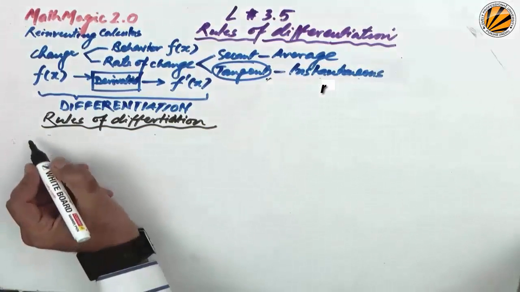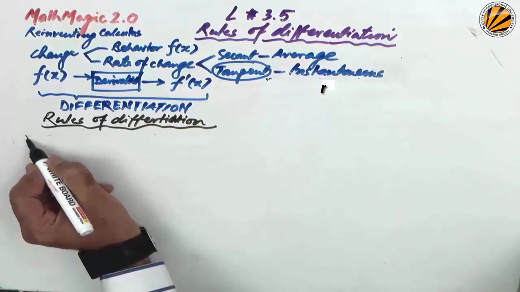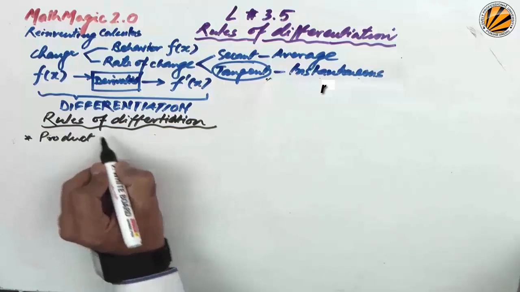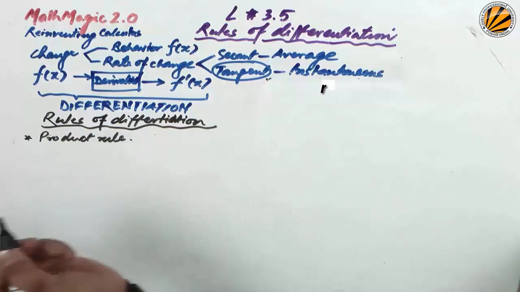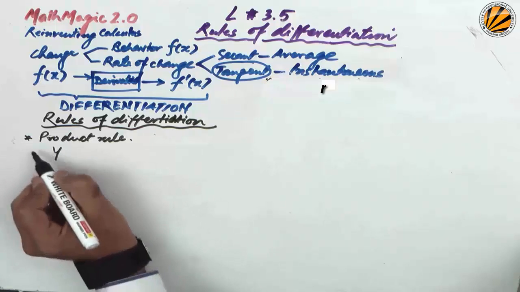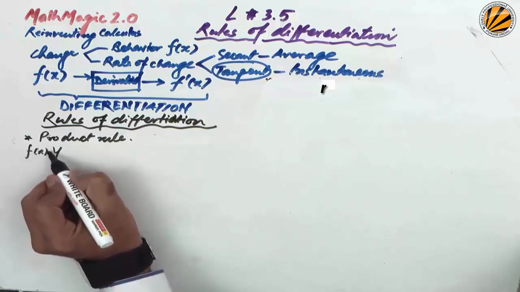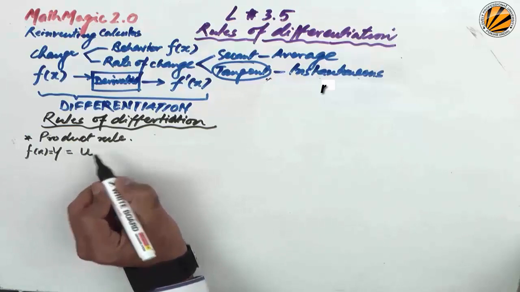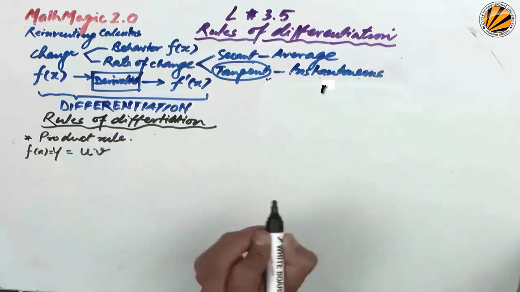So another rule is known as the product rule. Look at a scenario where, say for example, there is a function. We all know that a function can be depicted as y. Now this function is the product of two functions, that is u and v.